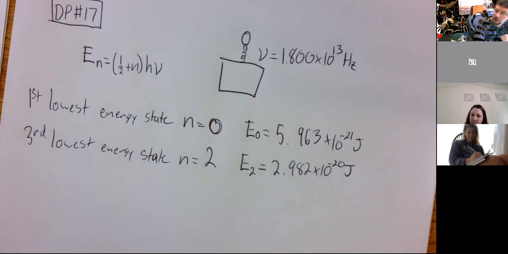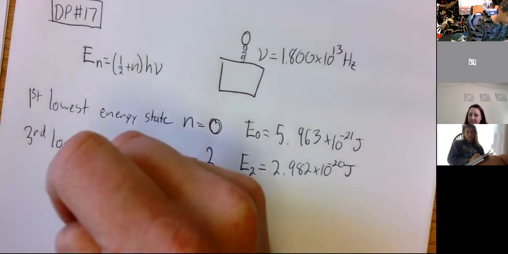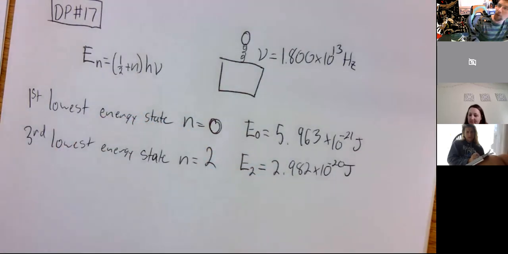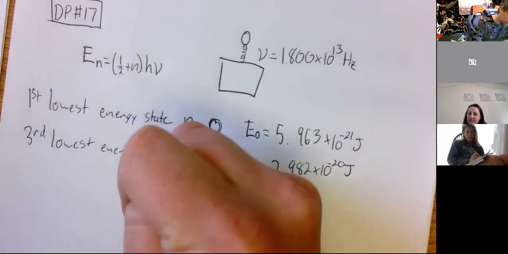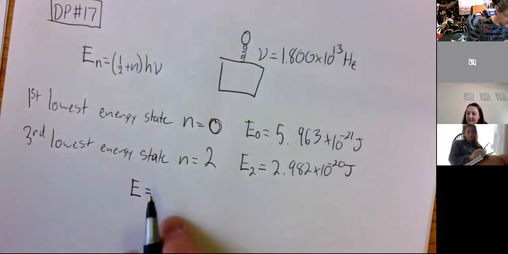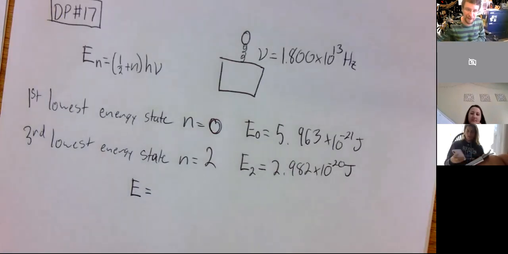Okay, so that tells us the energies, but how do we calculate the frequency, or the wavelength of light, that we need to cause this transition to happen? So what do we know about the energy relationship? How does that relate to frequency?